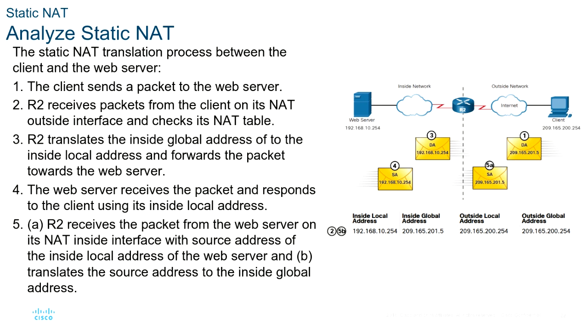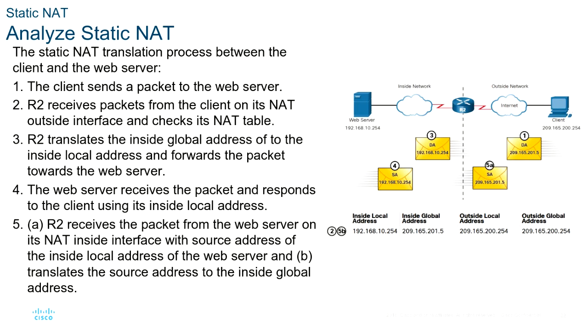Number one, the client machine from the outside world creates a packet, and 209.165.200.254 is his source address, and the destination address in that number one yellow envelope is 209.165.201.5, and that hits the router, and the router propagates it through to R2, which is the default gateway router for the web server you're trying to connect to.